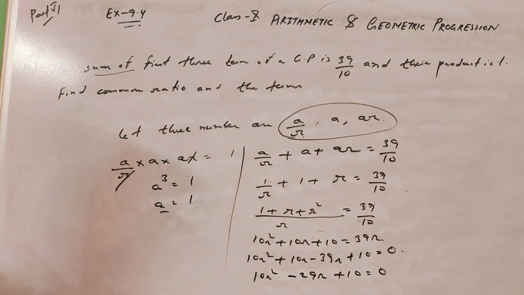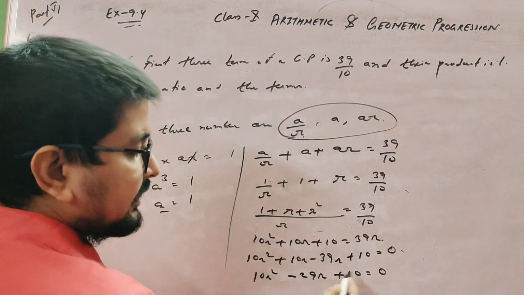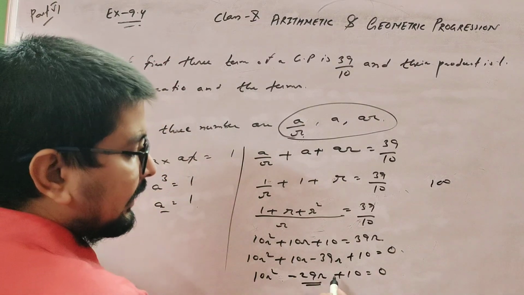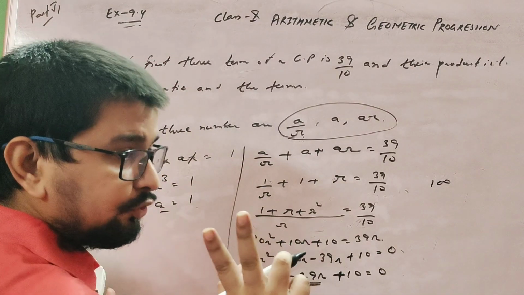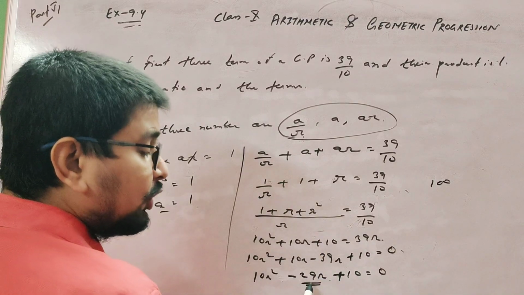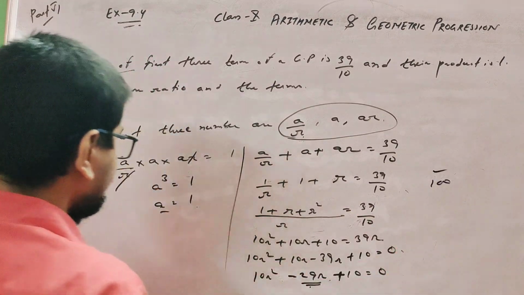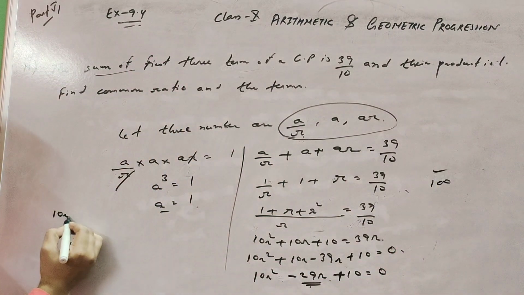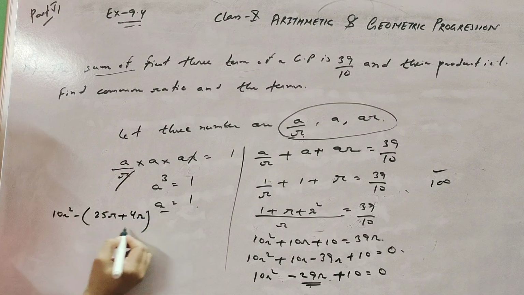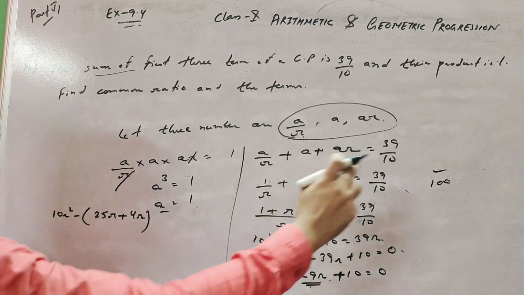Middle term question comes. We know the rule: first number into last number, that is 10 into 10, 100. Middle number is what? 29. What is the sign? Plus sign. So write two numbers in this manner, that when you add these two numbers you get 29, and when you multiply these two numbers you get 100. So we write 10R square minus 25R minus 4R plus 10. 25 plus 4 is 29, and 25 into 4 is 100.